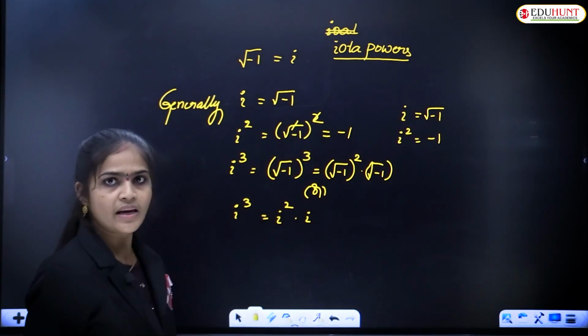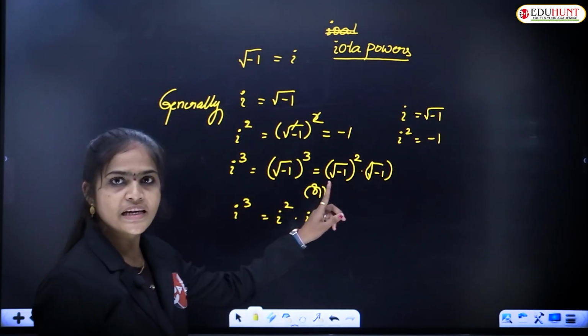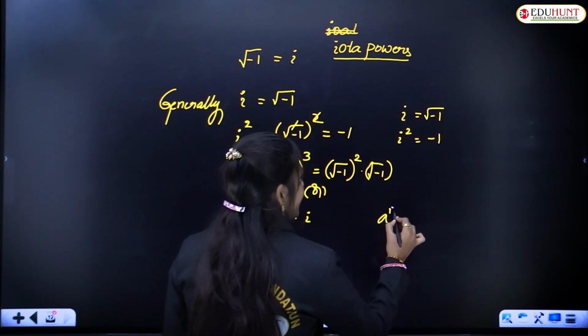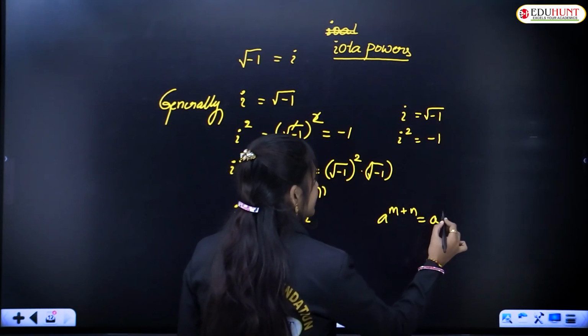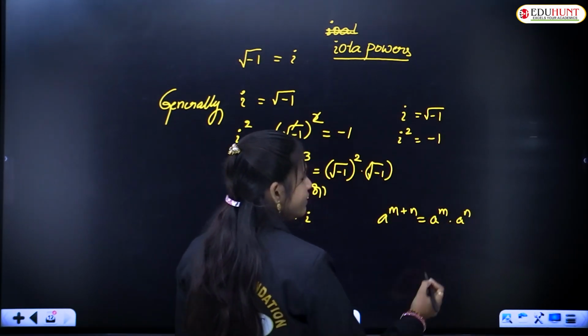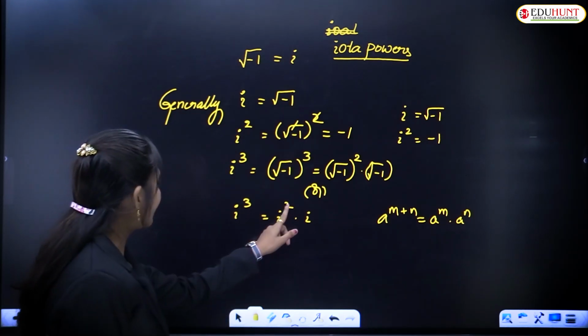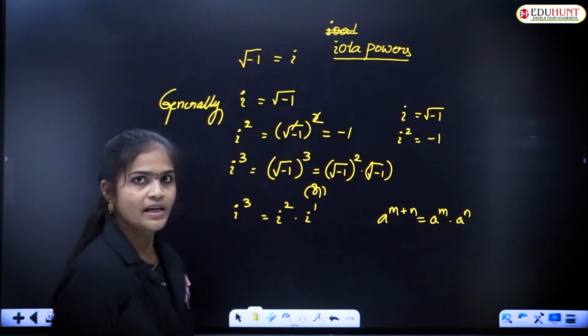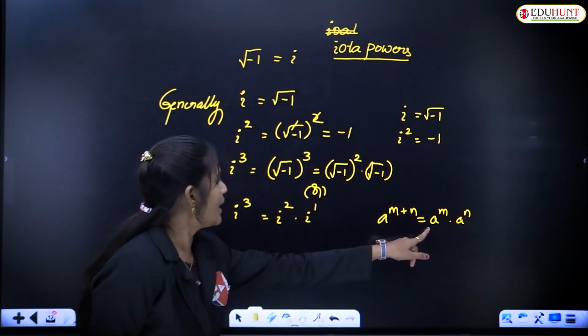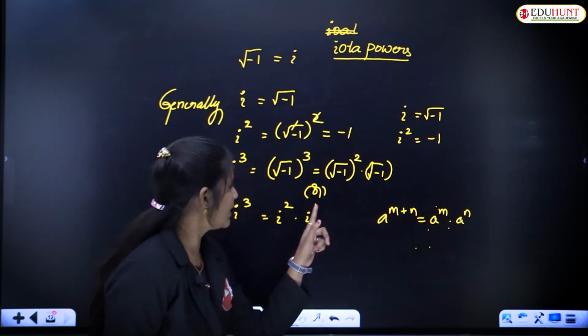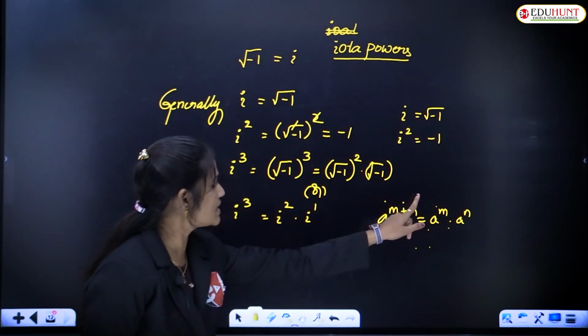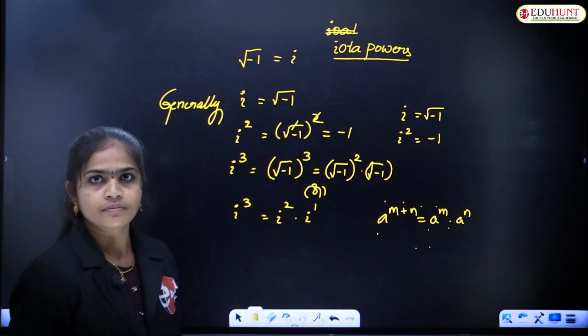Yes or no? In exponents, a power m plus n is equal to a power m into a power n. Shall we write like that? Again, 2 plus 1 means the power is 1. So i power 2 into i power 1 means i power 2 plus 1, which is i cubed.